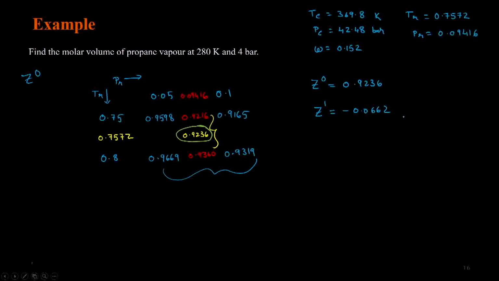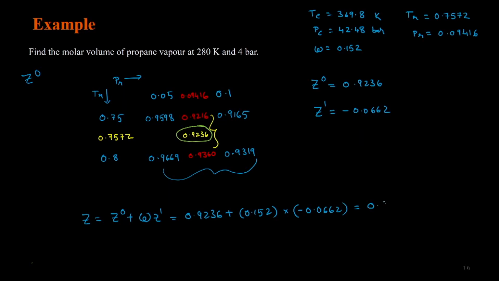And once I have Z0 and Z1 from the Lee-Kessler tables, I can calculate Z. It is Z0 plus omega Z1. So it's going to be 0.9236 plus 0.152 times negative 0.0662. And that will give me 0.9136. And if I were to calculate V using this, it will be Z RT over P.